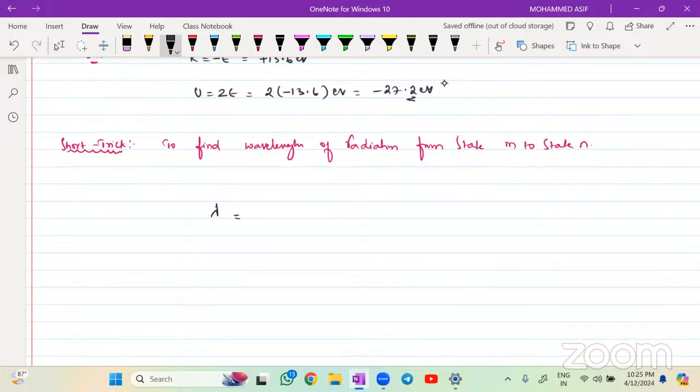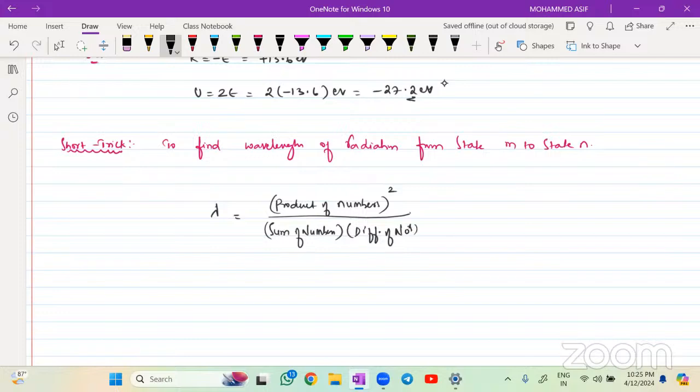See here, lambda is equal to the product of your numbers, whole square, divided by the sum of your numbers, multiplied by the difference of your numbers, into 1 by R. So lambda is equal to (n into m) whole square divided by (n plus m) into (m minus n) into 1 by capital R.